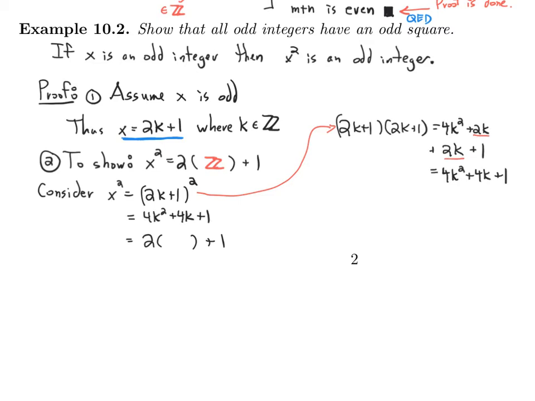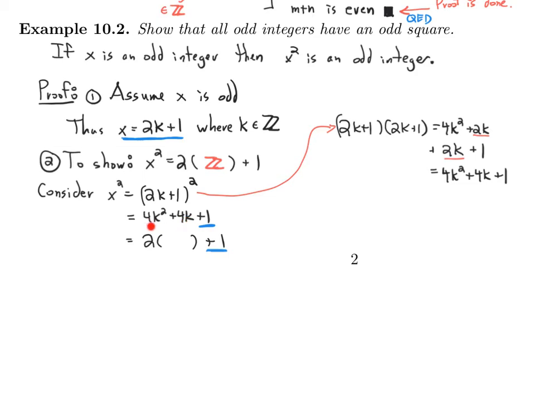Now we know what our answer should look like. It should be in the form of 2 times something plus 1. We have this plus 1 here, so it's probably a good idea not to touch this. So that's just staying. And we have to think, can we get the rest of it to look like 2 times something? Hey look, it'd be nice if there was a factor of 2 in each term, and in this case, there is.